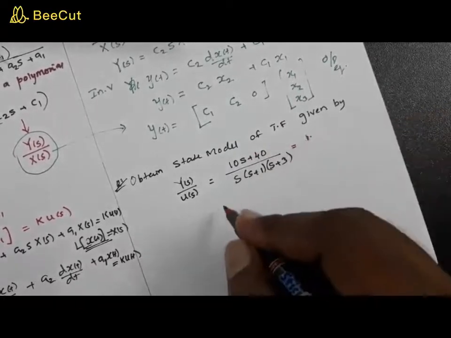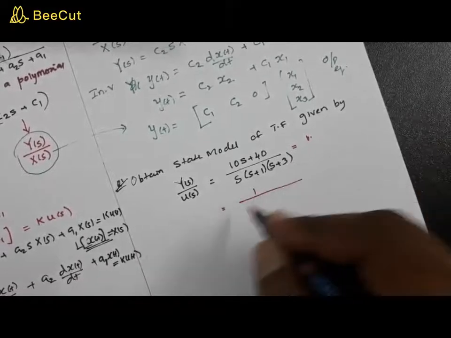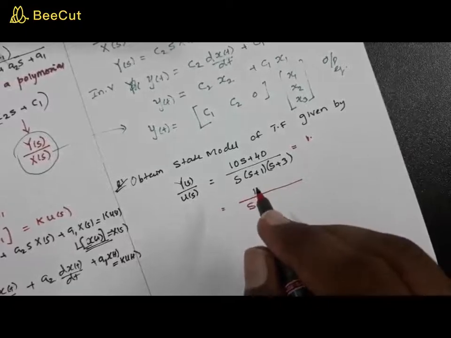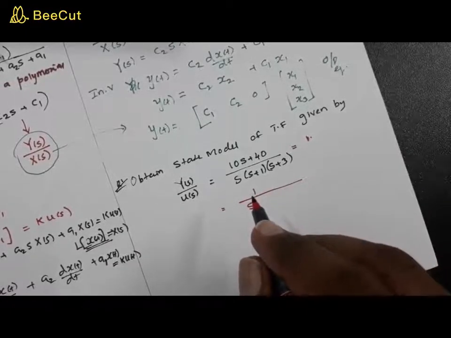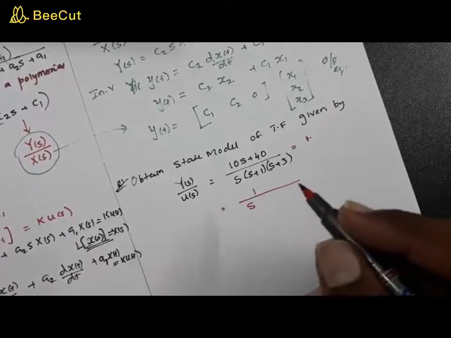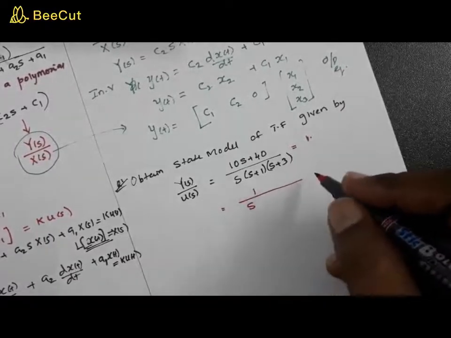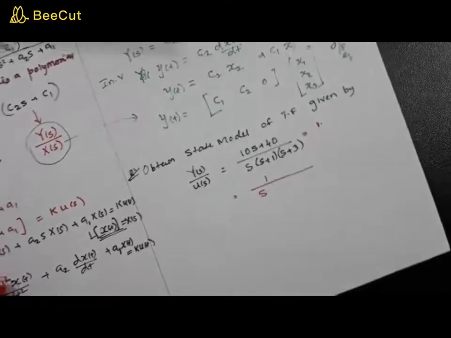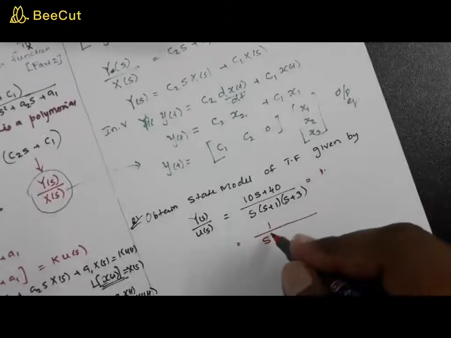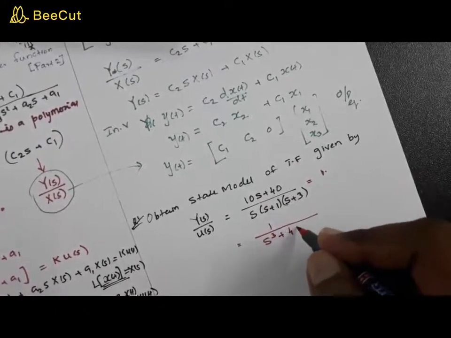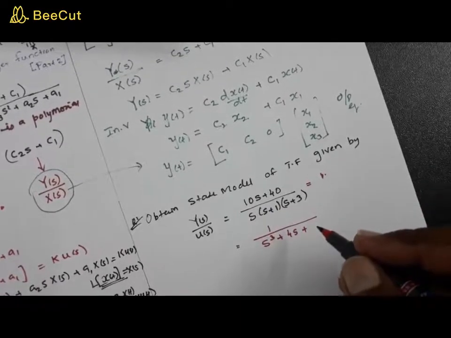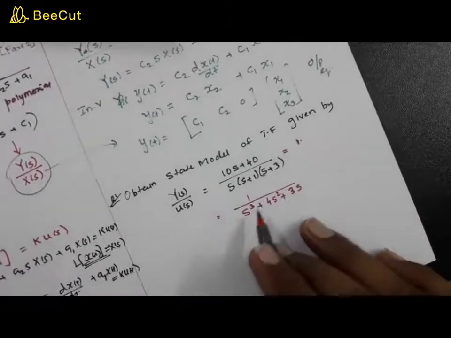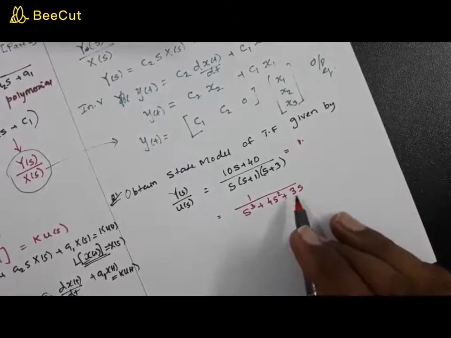This can be decomposed as 1 by s into (s + 1)(s + 3). Expanding, this will be s cube plus 4s square plus 3s. So this is 1 by s cube plus 4s square plus 3s.